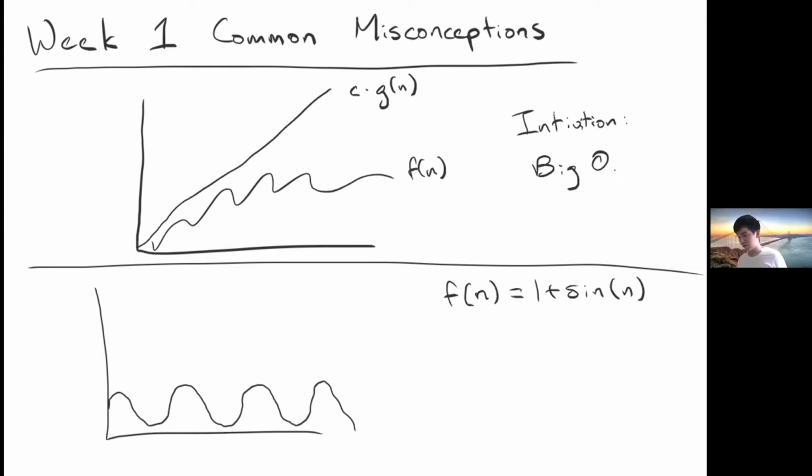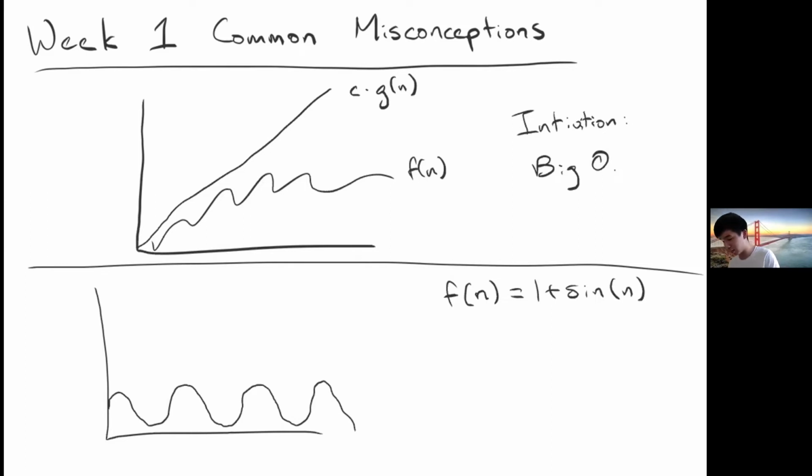We intuitively feel that the runtime here is O of 1, but the limit rule doesn't apply, because this function is sinusoidal. It never reaches one particular value, so it won't have a limit.